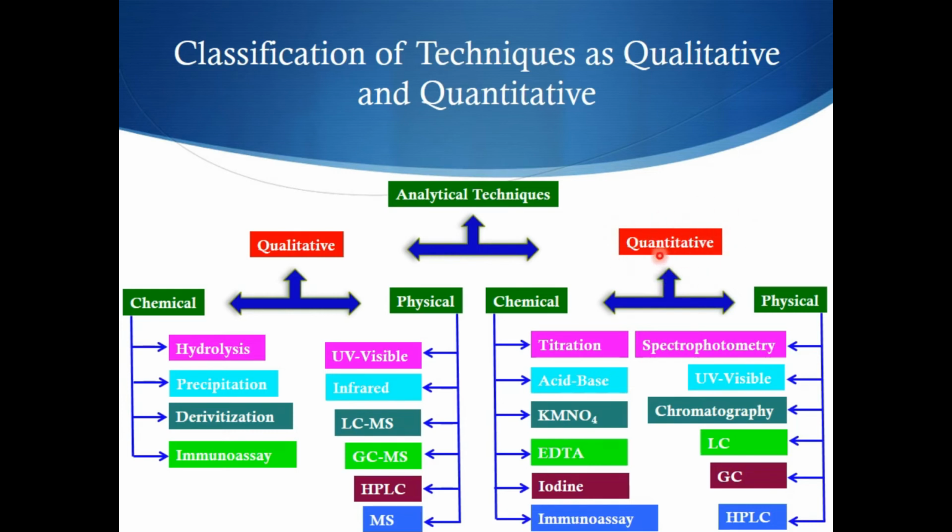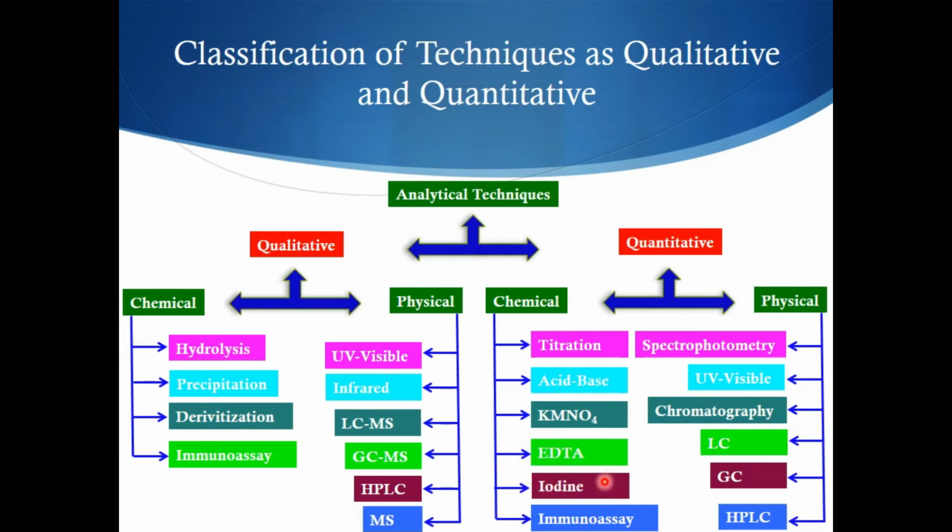Again, quantitative analysis can be done by means of chemical methods or by means of physical methods. Chemical methods include titration. Titration may be acid-base titration, KMnO4 titrations, EDTA (ethylenediaminetetraacetic acid) titrations, and then iodine titrations.